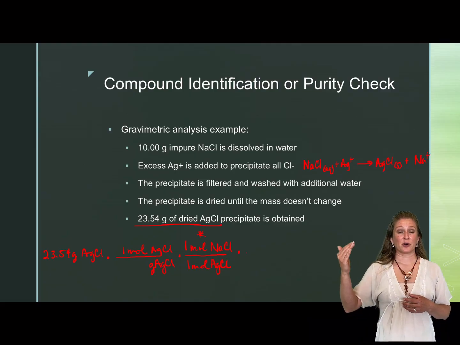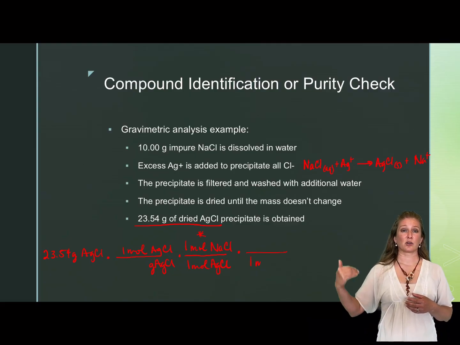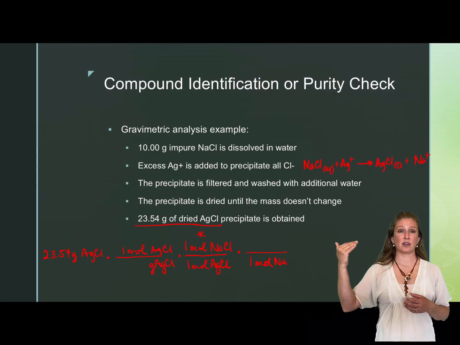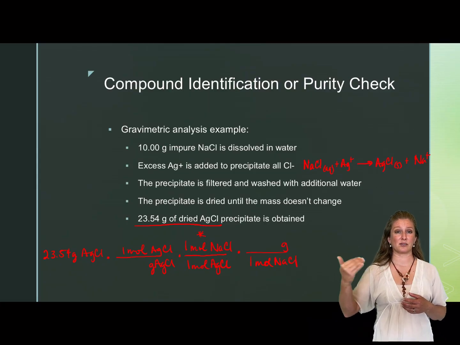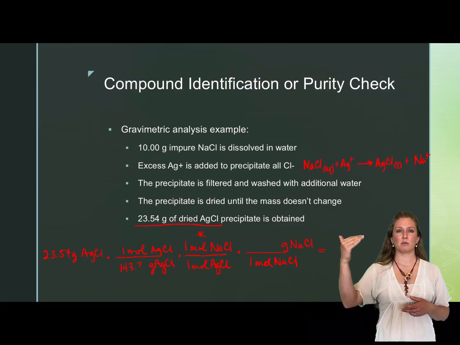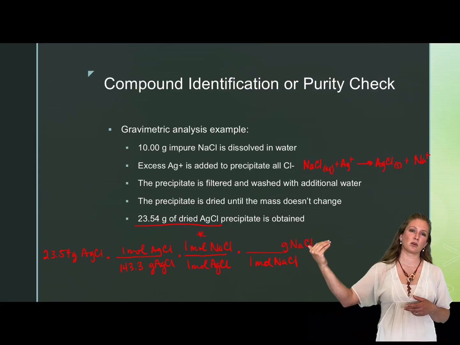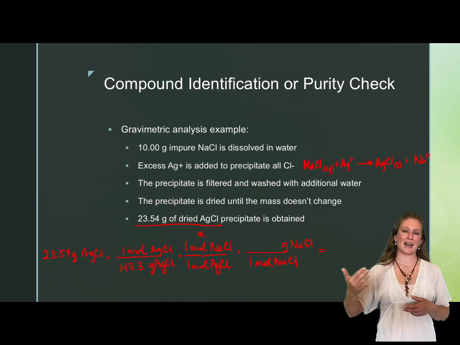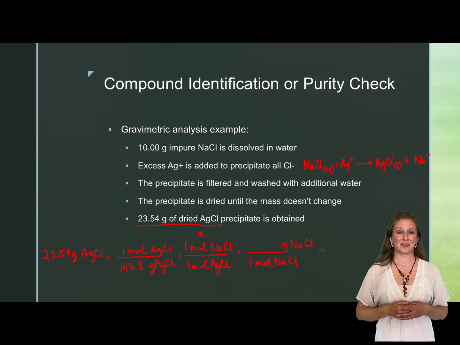So now we've converted from silver chloride to sodium chloride, and we can calculate how many moles of sodium chloride we added originally. But what we really want to know is grams. So we take the moles of sodium chloride and convert to grams of sodium chloride using the molar mass of sodium chloride.